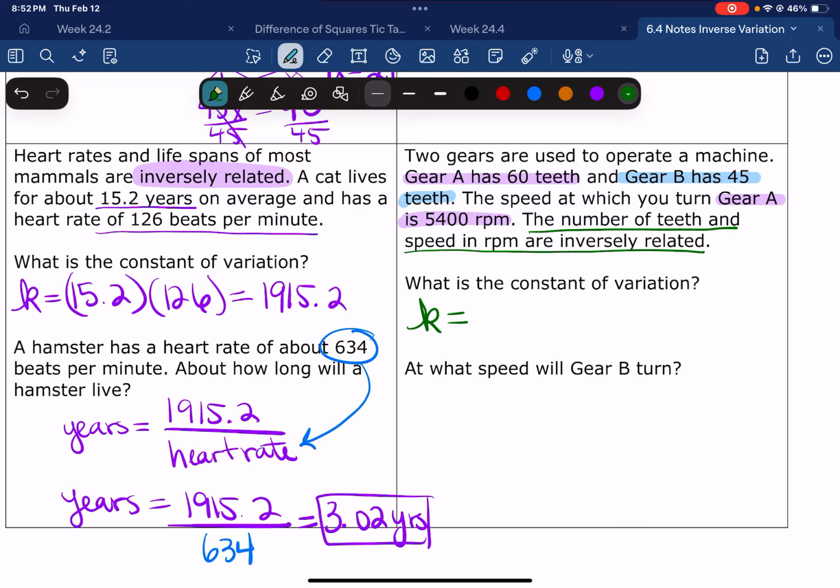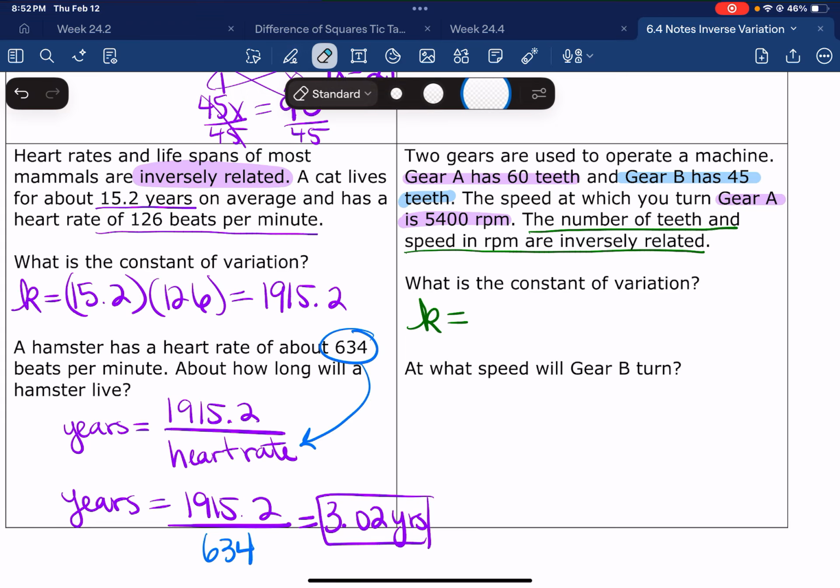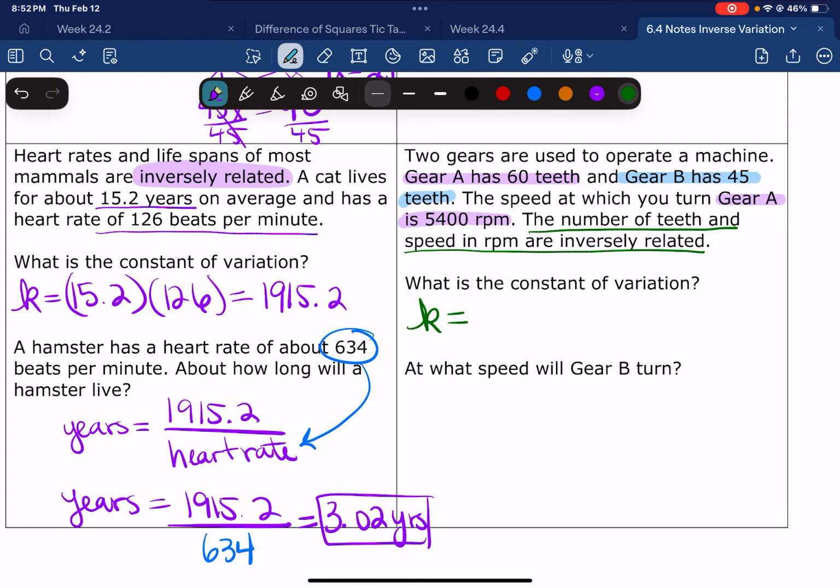So the two values that we were given for gear A were 60 teeth times 5,400 RPM. So 60 times 5,400 gives us 324,000. That's our constant of variation. So that's the relationship between the number of teeth and the speed.